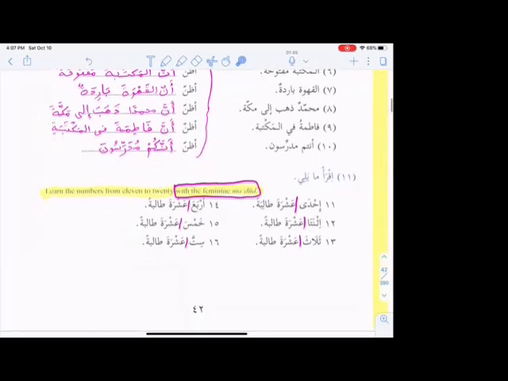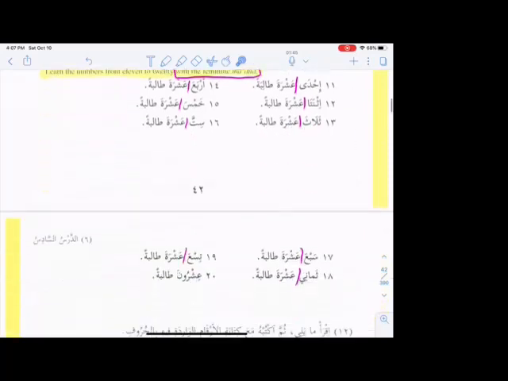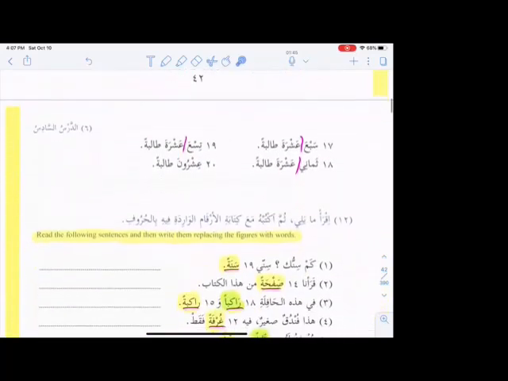So, Isnata Asharata Taliban. Kamsa Asharata Talibatan. See here, can you see here? This is opposite of Talib, yani Muzakkar. Sitta Asharata Talibatan. Now here, same thing. Salasa Asharata Talibatan. That's all. Don't worry, we'll do it again. Same here.